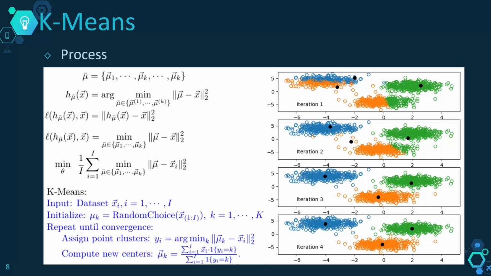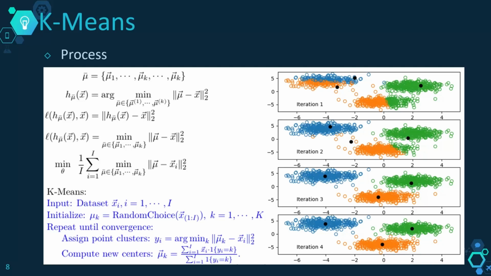Next, we want to see which cluster each point belongs to, based on the distance. So we calculate the distance for this one. You can see that this one is close to it, so it belongs to this blue cluster, right? All these points are blue. But for the points here, you can see that all these points are close to it, so they belong to the second one, the orange group.